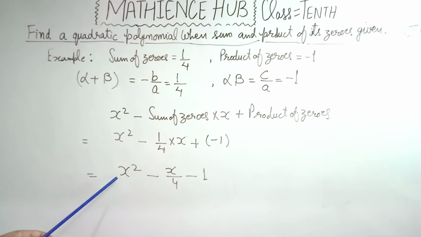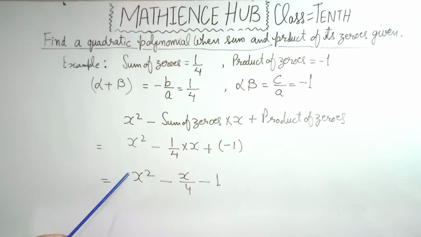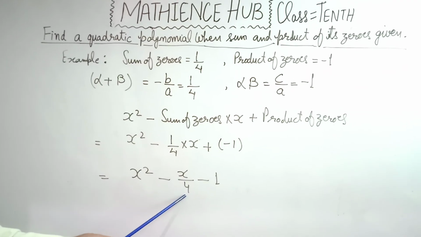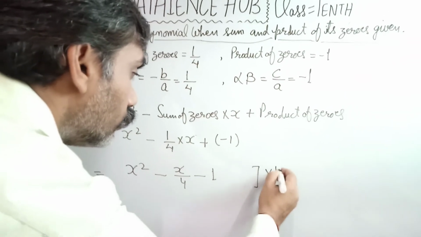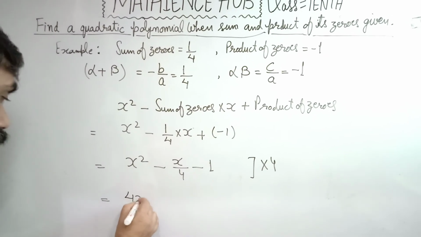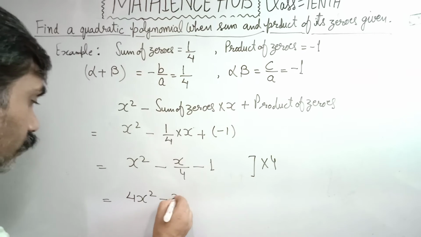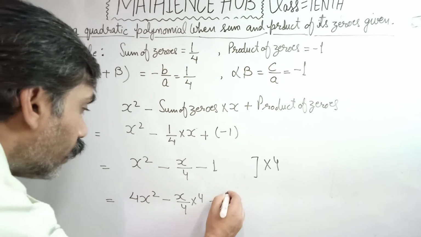We multiply all three terms by 4 to eliminate the 4. Then we get 4x square minus x upon 4 into 4, minus 4.